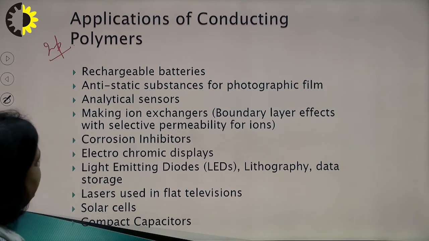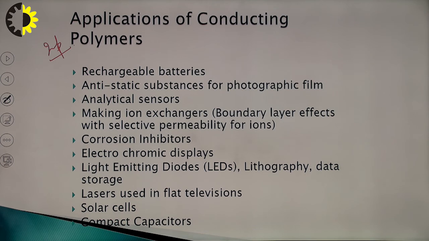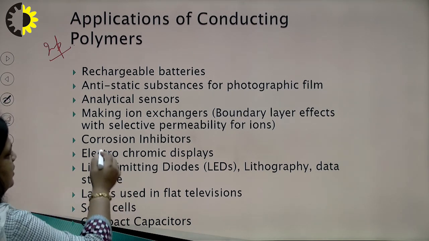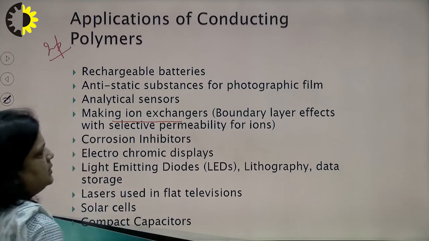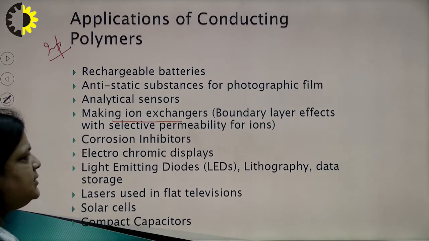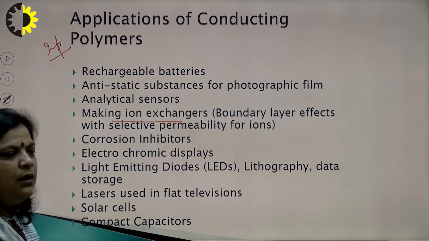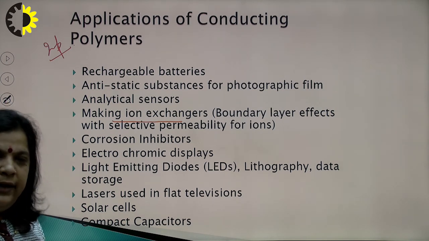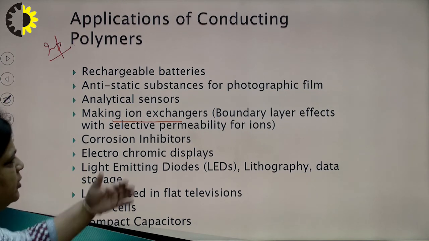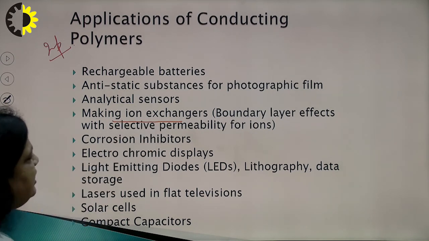Third, analytical sensors, and it is used to make sensors for pH, NOx, SO2, glucose, etc. And fourth, it is used to make ion exchanger membranes or controlled release drugs because of boundary layer effects with selective permeability for ions.